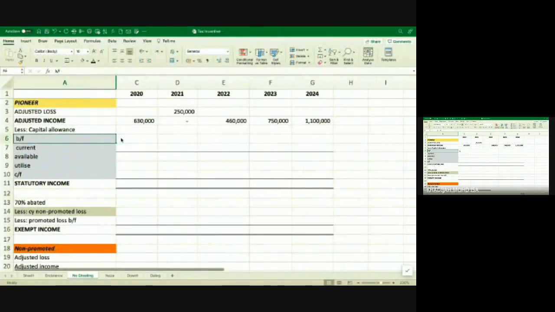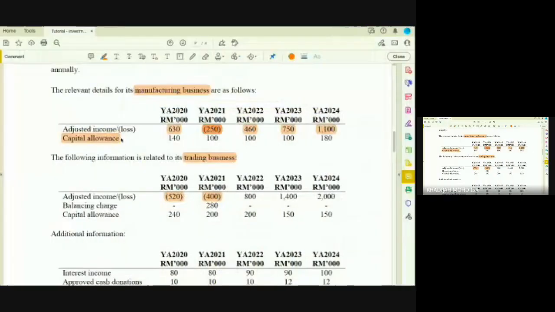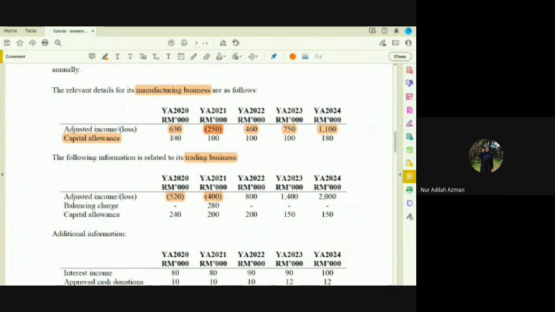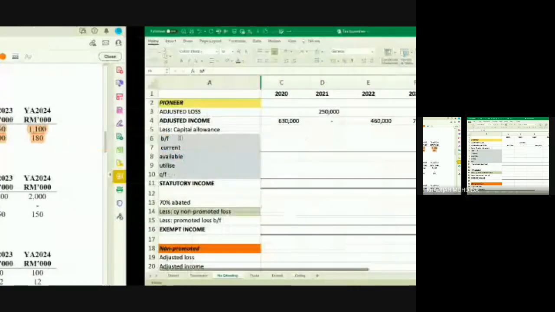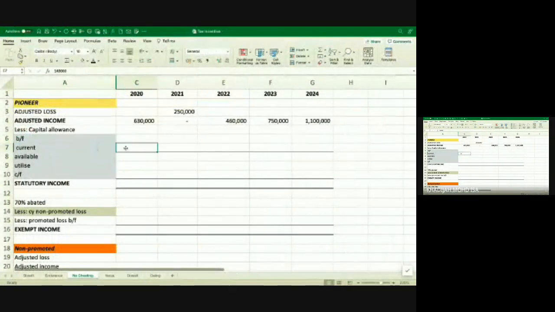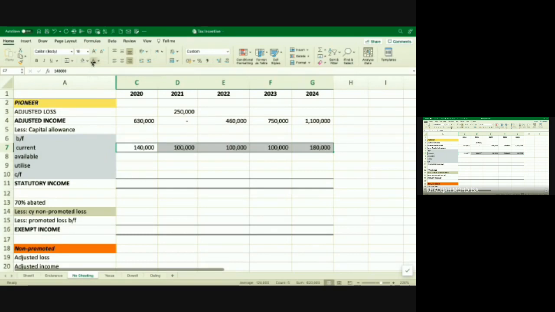Is it the current or the brought forward? Current. So once you have that, you plug in 140, 100, 100, 100, 180 into the current CA.